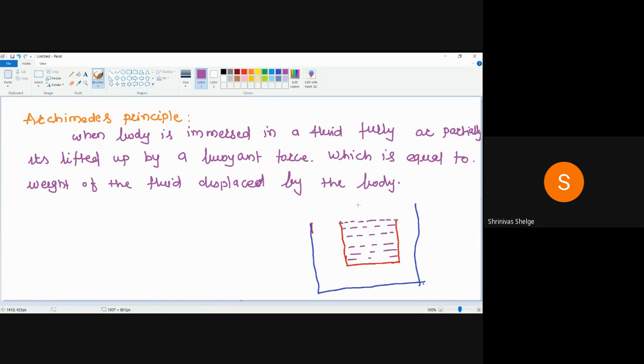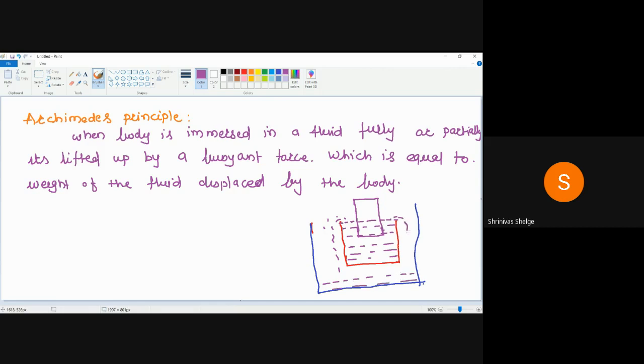So whenever I immerse a body in this fluid, what happened? Some volume is occupied by this body, and the same volume of this fluid gets displaced, and here it gets collected in this tank.